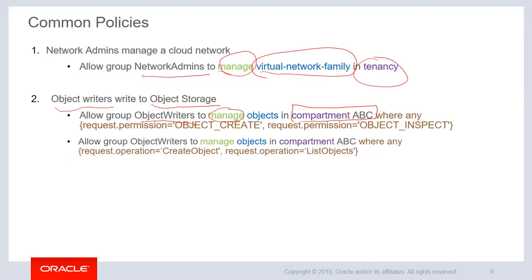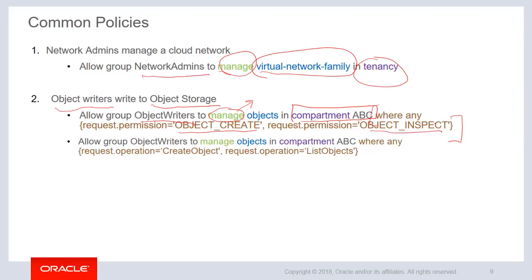And you can make them more complex. You could just stop here, or you could write a where condition, starting from right here. I'm giving all kinds of verbs here, but manage is the highest level of access you could give, and you are limiting the ability of these users to manage objects by saying that they can only create objects and they can only inspect objects.